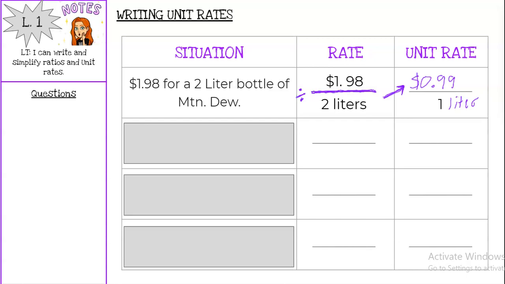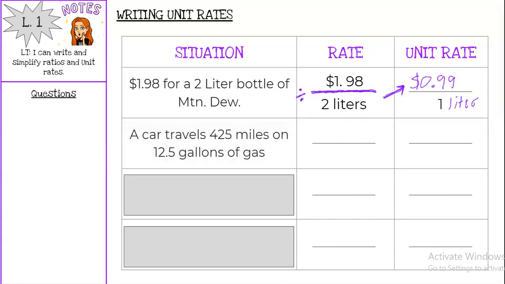All right, next one. We have a car that travels 425 miles on 12.5 gallons of gas. So we want to know the miles per gallon.